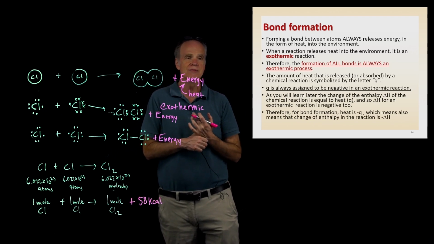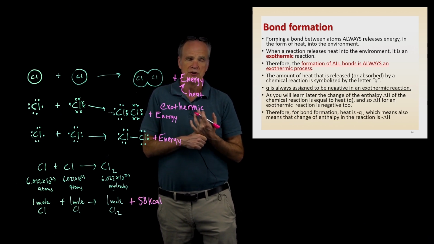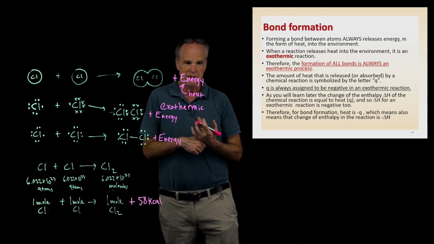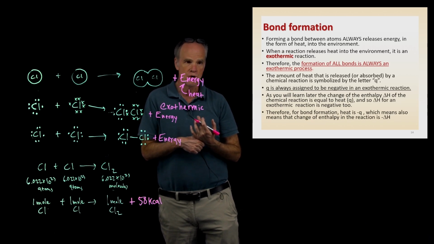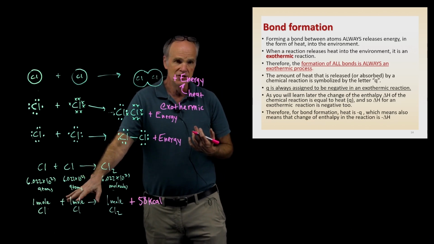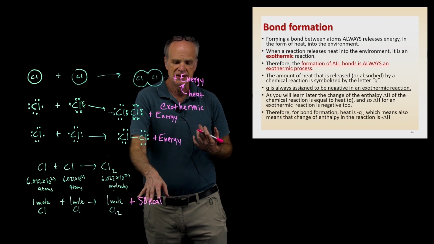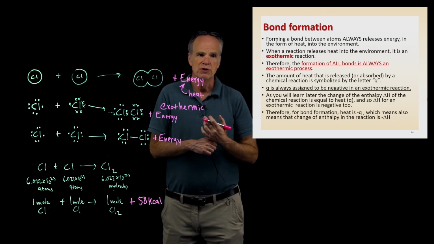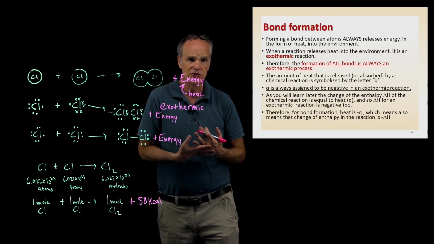One term is the letter Q. Q is a representation of the amount of heat released or absorbed in a reaction. So here we can see that in this reaction of bringing two chlorine atoms together to form the molecule, 58 kilocalories are released. So we can imagine the value of Q is 58 kilocalories for this reaction.